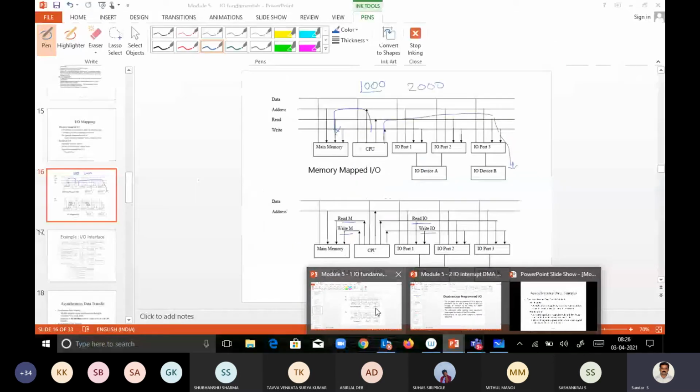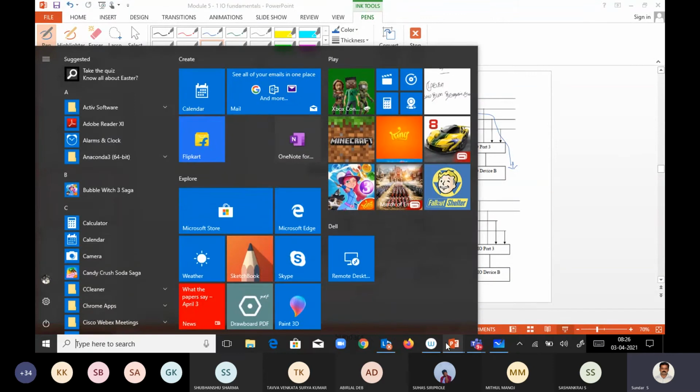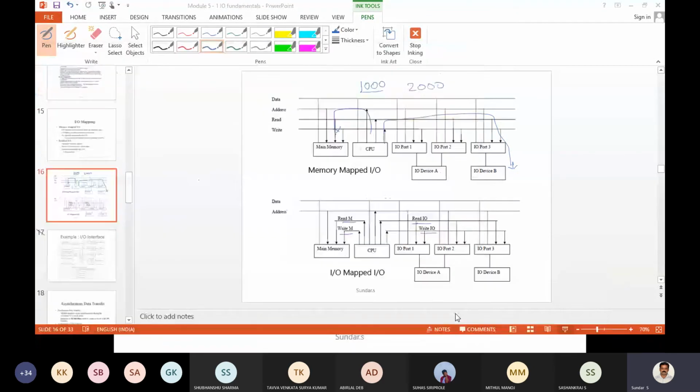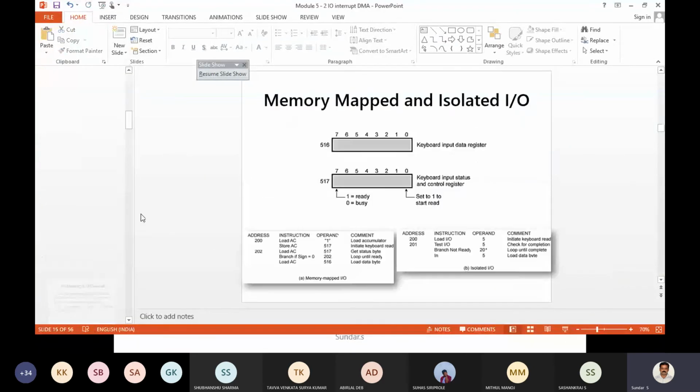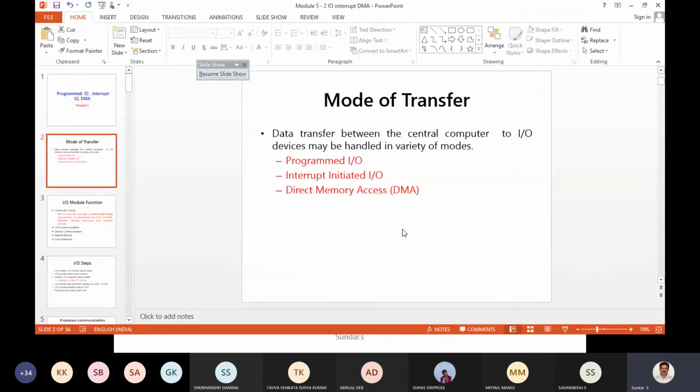Now let me go to another slide. Okay. Now either through handshaking mode or through strobe mode, the CPU will have a connection with the IO devices, right?